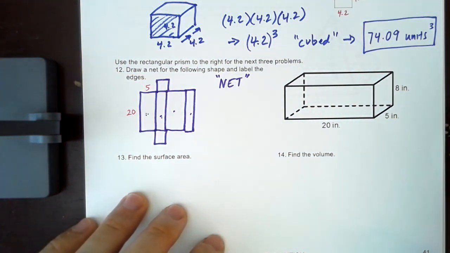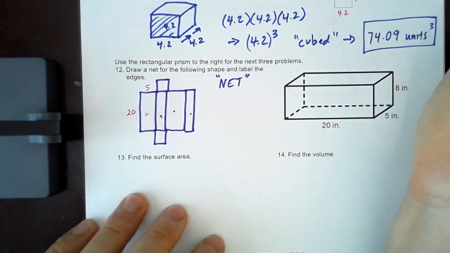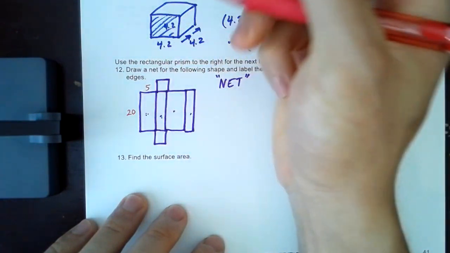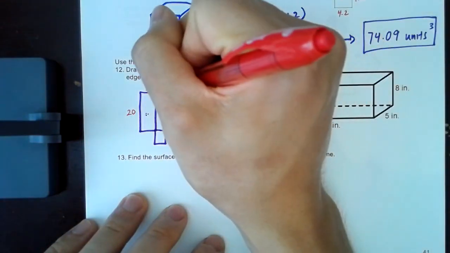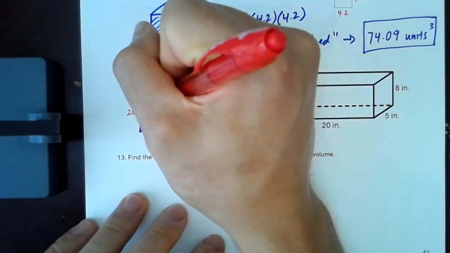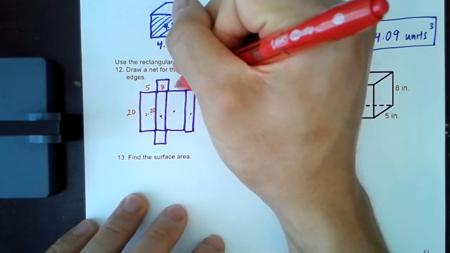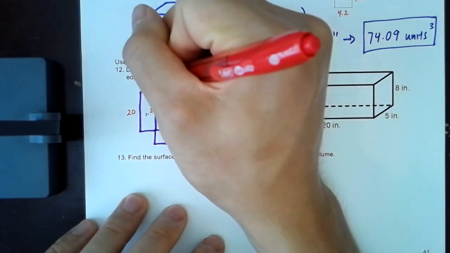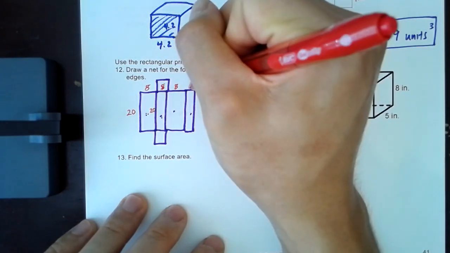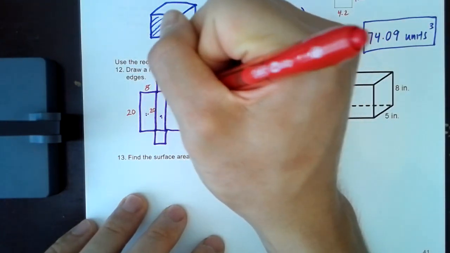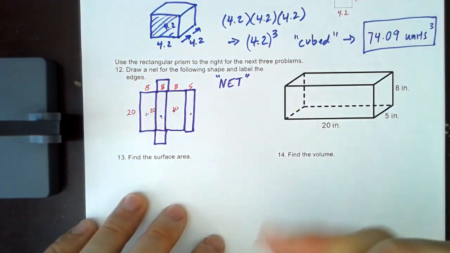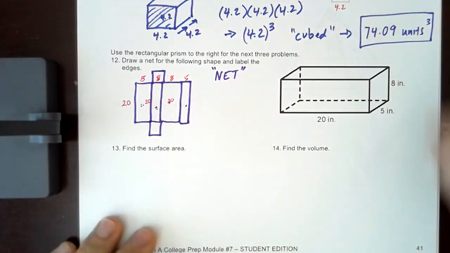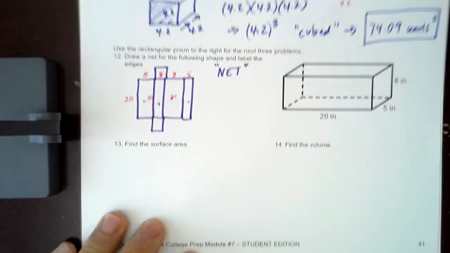And here, there would be an 8 right here, which this would still be 20. There would be another 5, or maybe the 5 is here and this is the 8. Either way, class, I don't really expect you to draw nets perfectly because sometimes it's hard to visualize. So I ultimately don't prefer drawing the net to visualize the dimensions.